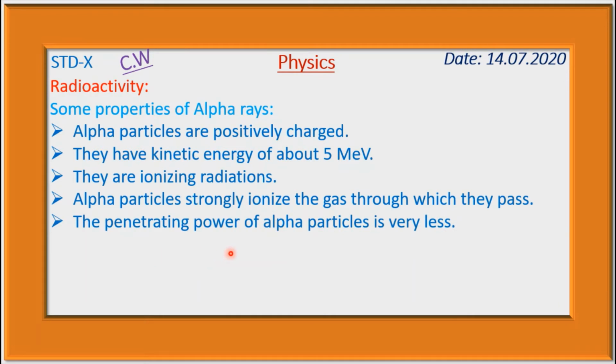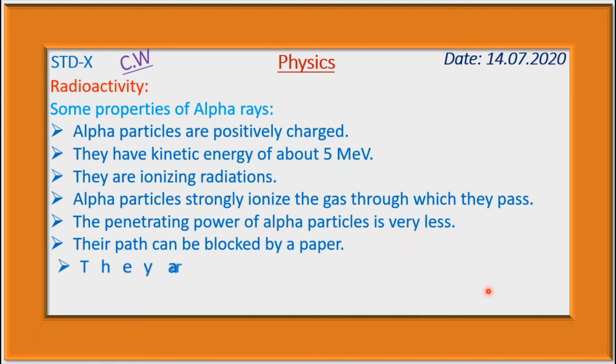The penetrating power of alpha particles is very low. The path of an alpha particle can be blocked by paper, therefore their penetrating power is very low.